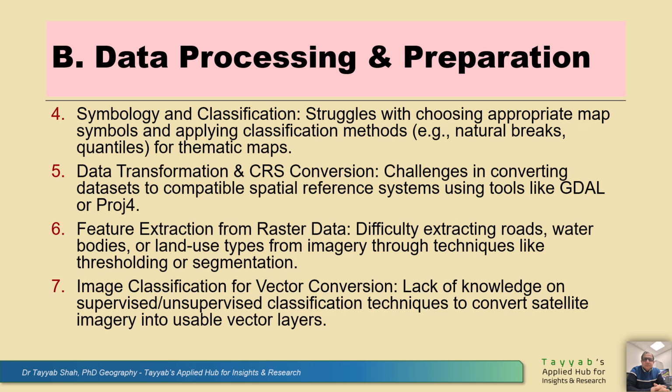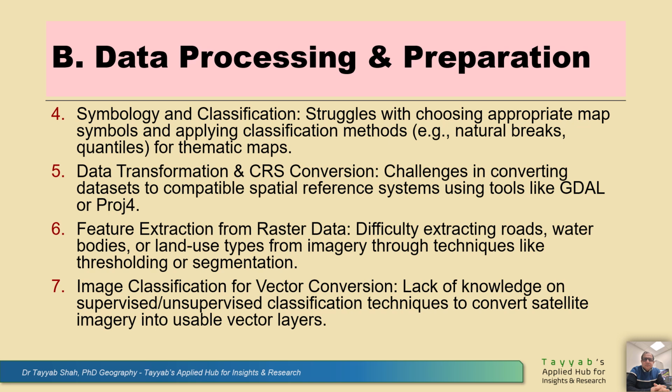And feature extraction from raster data also needs a clear understanding of why we need to do it. Sometimes there is difficulty extracting roads, water bodies, and land use types from imagery through techniques like thresholds or segmentation. We also need to understand image classification for vector conversion, because vector data sets are updated using raster data like satellite images, drone or aerial photographs.